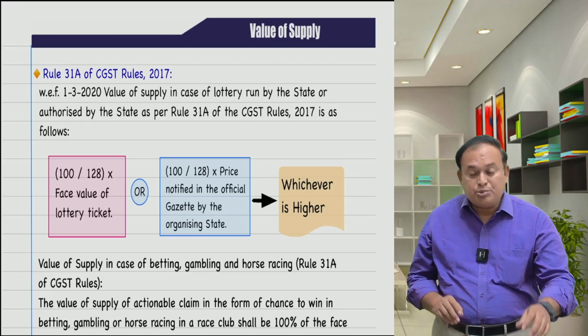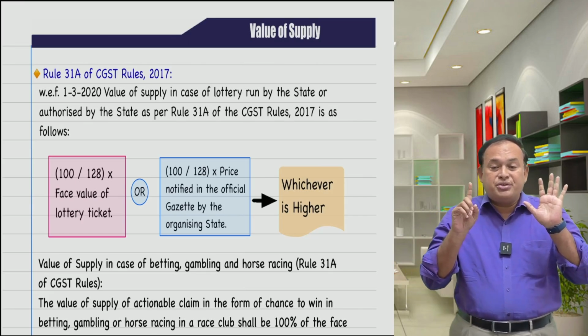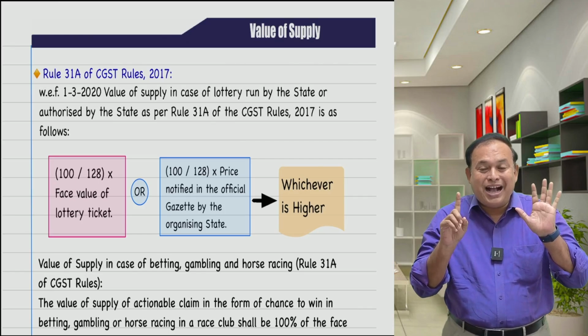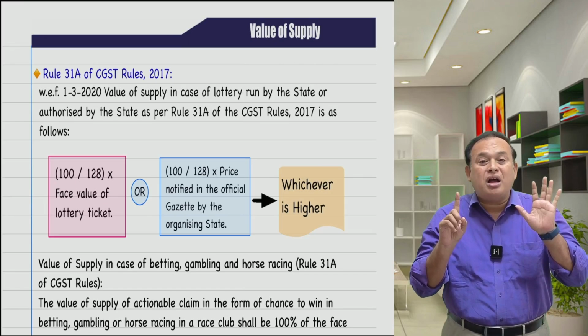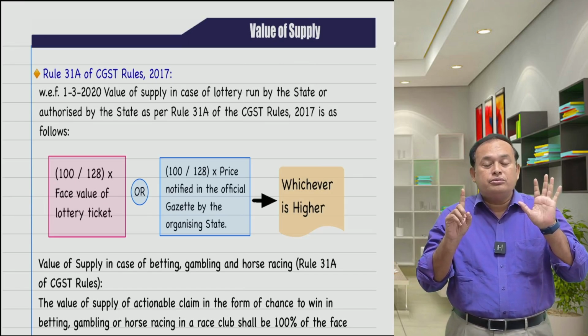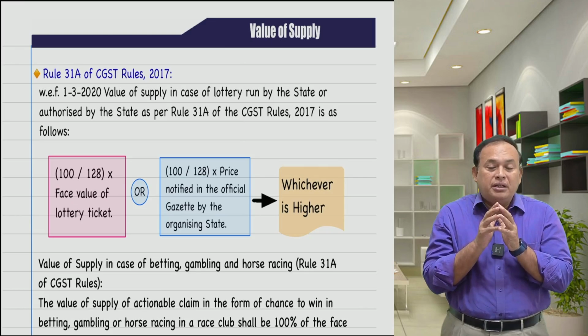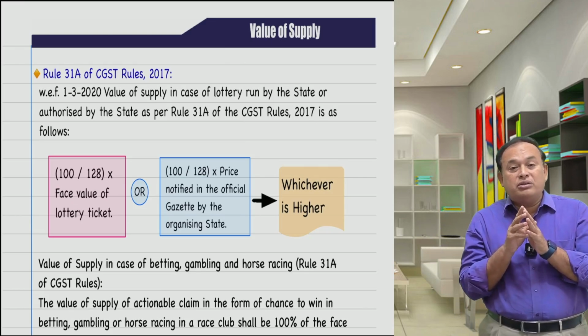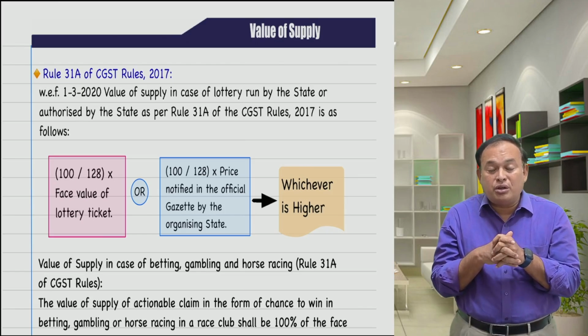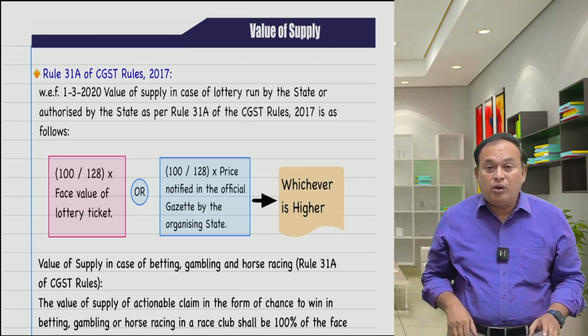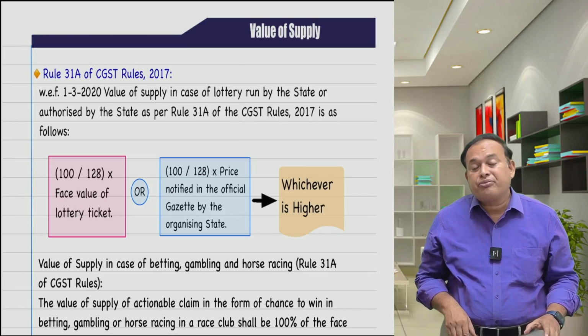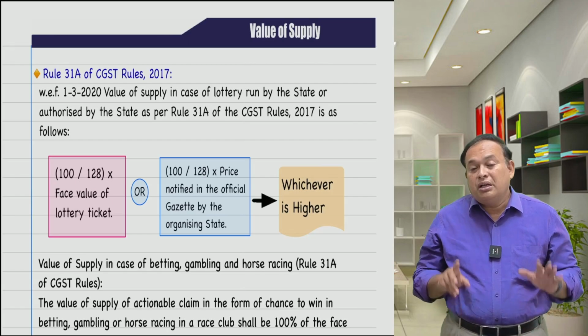There are totally 6 points, which are called specified actionable claims as defined under section 2 subsection 102. Very clearly we have understood the 6 points.